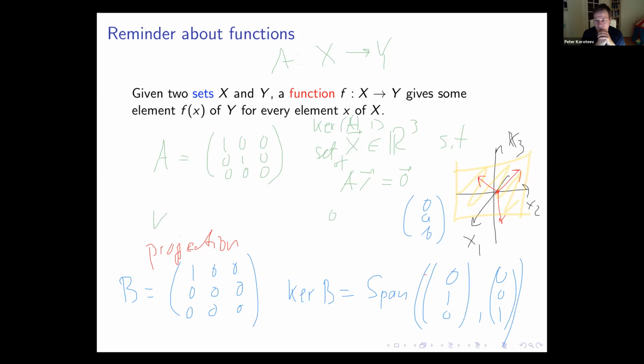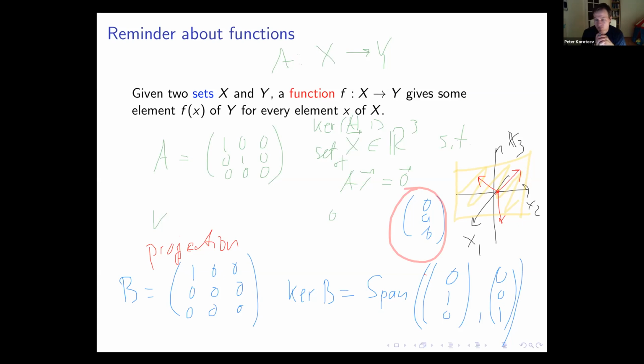Well, I hope it became a bit clearer. If you multiply matrix B by this vector, you'll get the 0 vector, no matter what values of A and B are. Also think: the kernel is not just 1 or 2 vectors. It's a subspace.